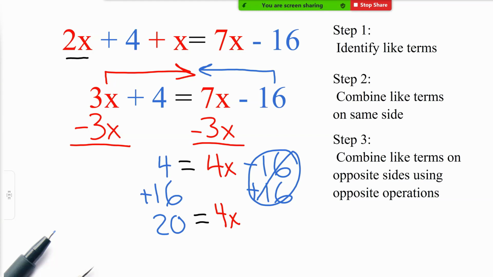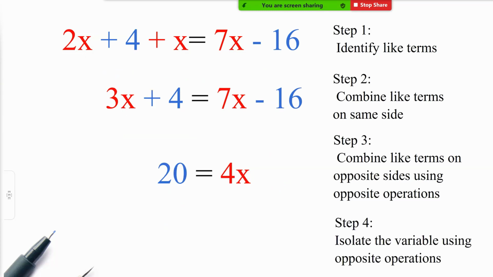Okay? Now, we've completed step number 3. Let's go ahead and look at step number 4. Isolate the variable. Isolate means to get by itself. If you are isolated, you are by yourself. Okay? So we are going to isolate the variable.